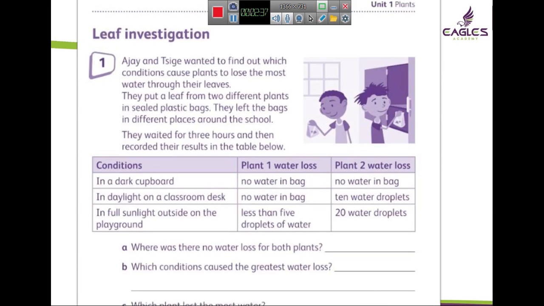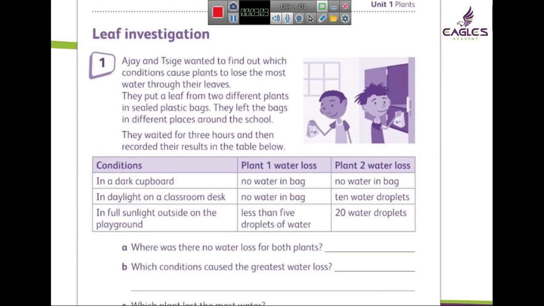So we have two students here. Can you see them? One of them is Ajay, the other is Tisage. Okay? They are thinking about which conditions cause plants to lose the most water through their leaves. So through the plant's leaves.